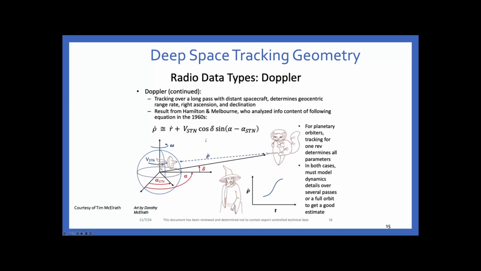So if the declination were 90 degrees, the spacecraft was straight overhead, we wouldn't see anything in the line of sight here. It would just be the geocentric velocity.